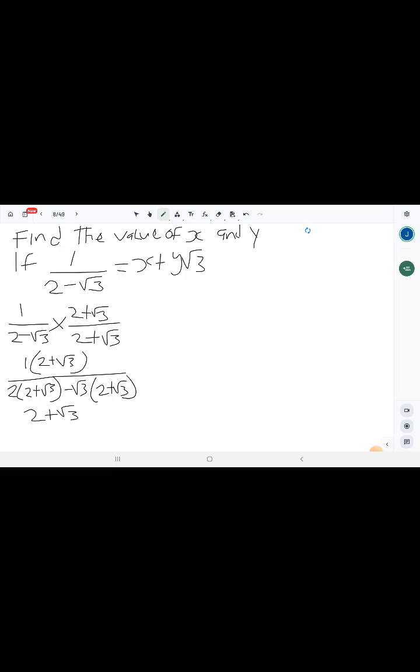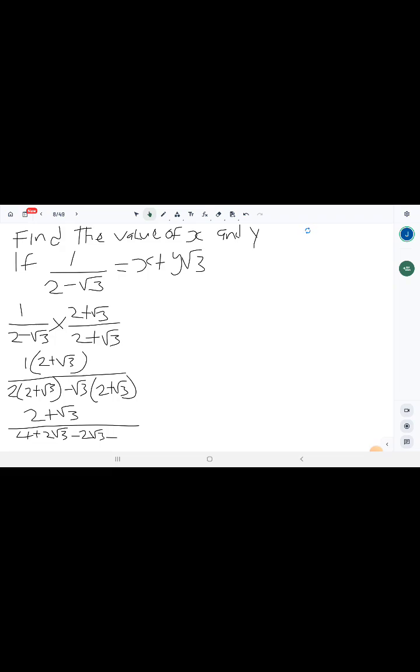If you multiply everything by 1 in the numerator, 2 times 2 is 4, 2 times root 3 is plus 2 root 3, minus 2 root 3, minus root 3 times plus root 3 would give us root 9, and the square root of 9 is 3.